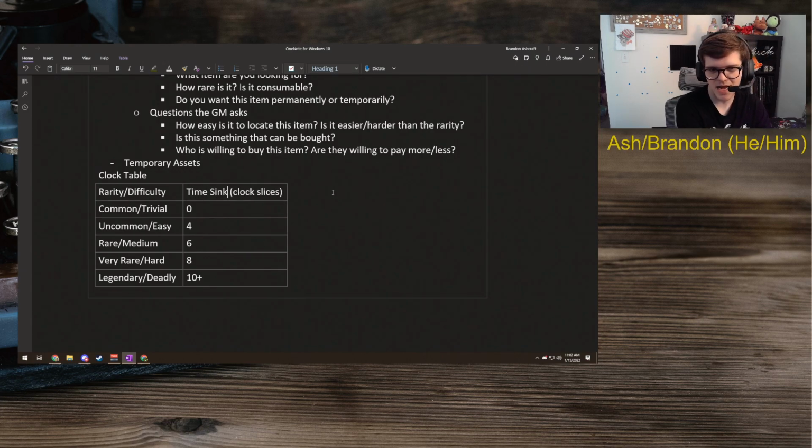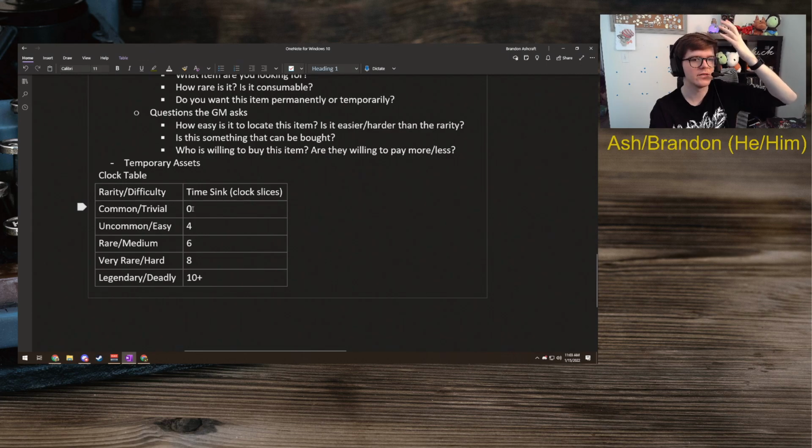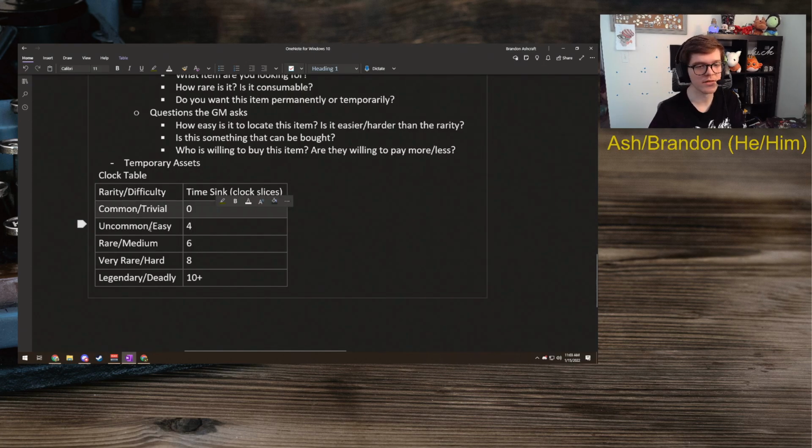It's like it's a time sink, and it's in terms of clock slices. So a common task will take no time at all. You can finish it as soon as you roll. Or actually, there probably isn't even a roll associated with this right now. You just do the thing you need.